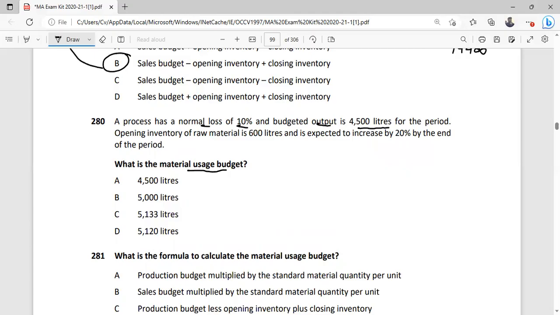Material usage is basically 4,500 which we use for the output, but we have a loss of 10%. That's why we entered 100%, but we achieved output of 90%. So our material usage is 5,000. Or we can also say that our material input is 5,000 liters.